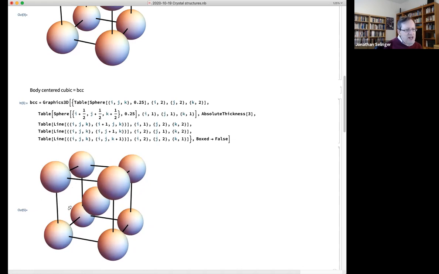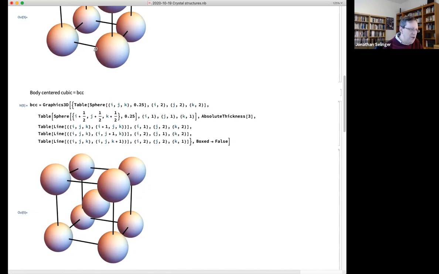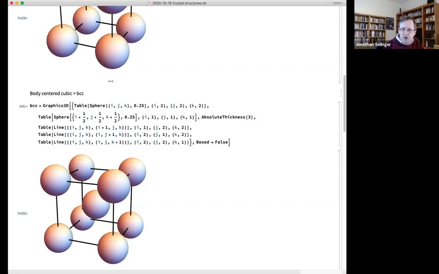So this thing gets repeated in X and Y and Z, going off in all directions. So this is a variation, and it's not the same structure as the simple cubic. The symmetry looks similar as far as rotations go, but the nearest neighbor relations differ. There, the nearest neighbor atoms are from one corner to another. And here, the nearest neighbor atoms are from the center to any of the corners.